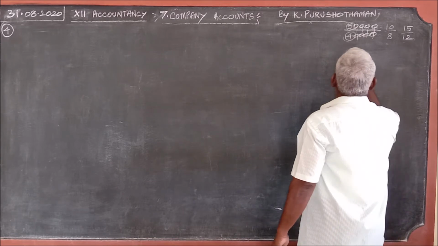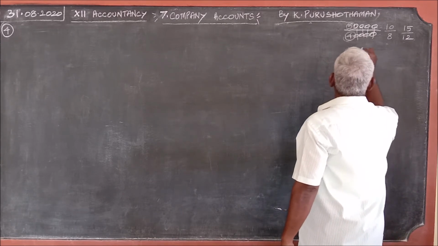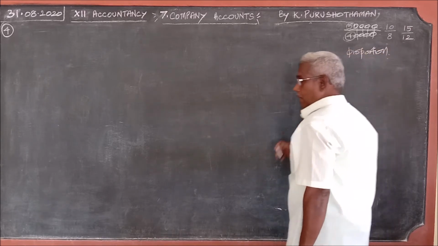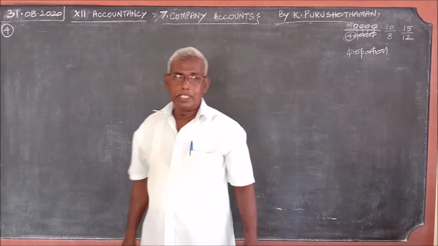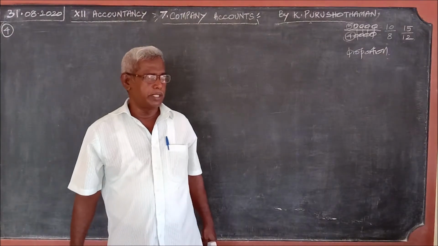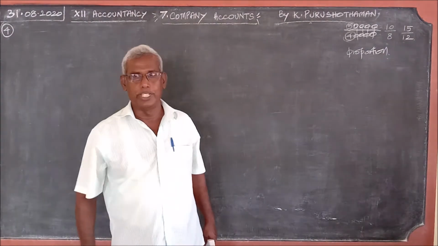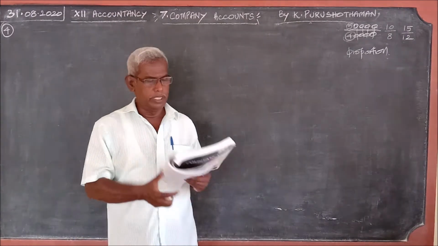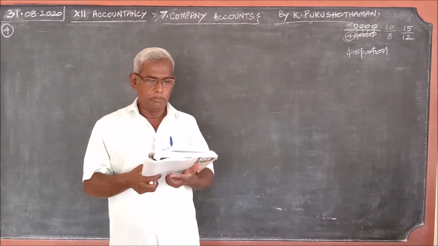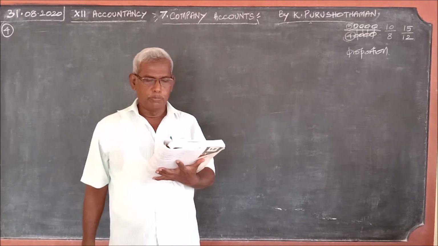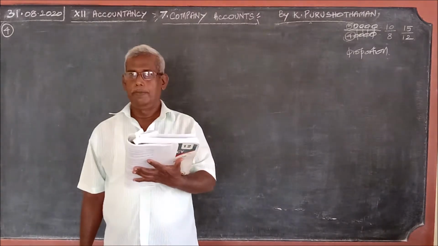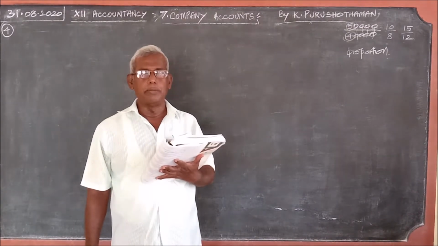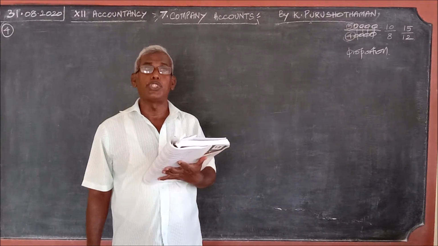So, what is this called in mathematics? Proportion. And since this allotment is made on the basis of proportion, it is called proportionate allotment. That is why in the problem, shares are allotted on pro rata basis. Allotment on pro rata basis is allotment on proportion.